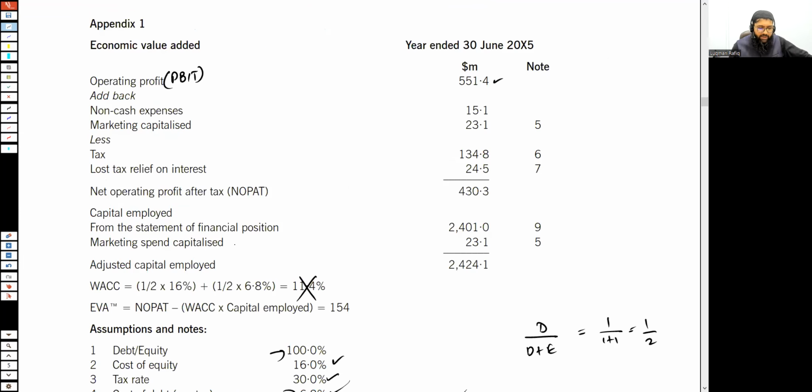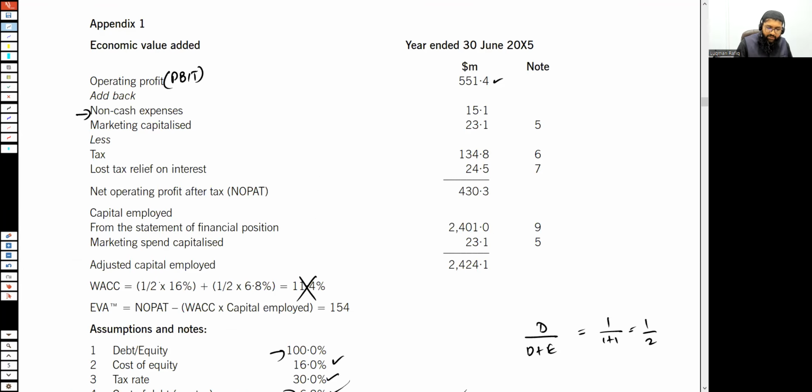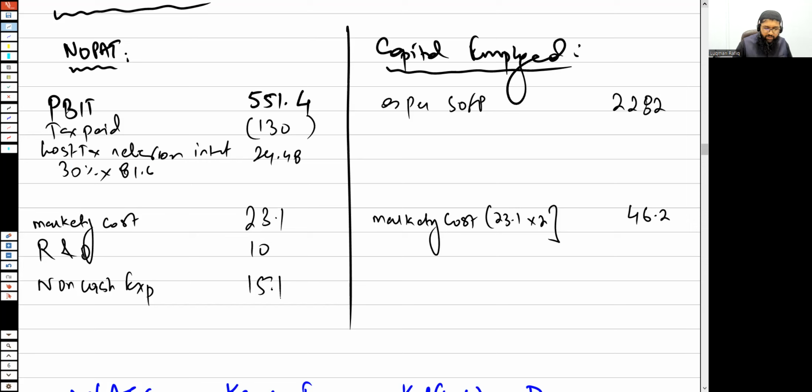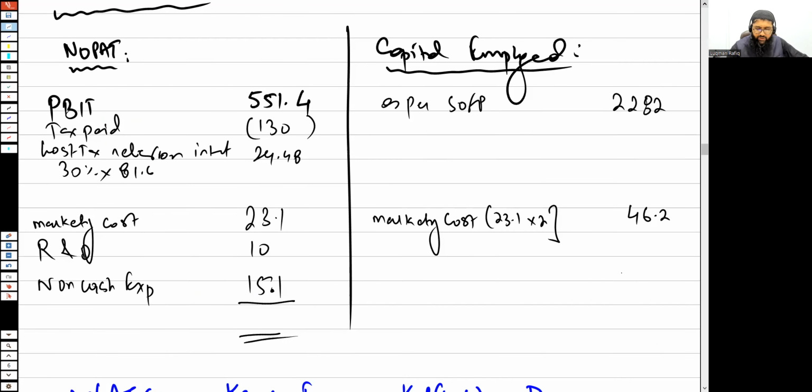Now come back to whatever the things are there. Then there are these non-cash expenses which need to be added back, 15.1. Marketing, we have already handled. The loss of tax relief, etc. Everything we have done. Okay, so resultingly, you have got the notepad.